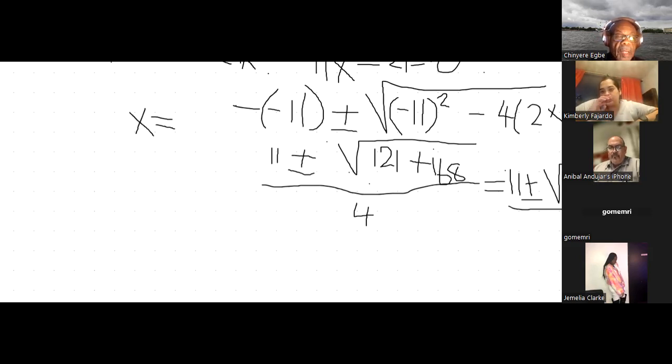So we have that x is equal to 11 plus or minus, what is the square root of 289? 17. 17 is the square root of 289, and we divide that by 4.